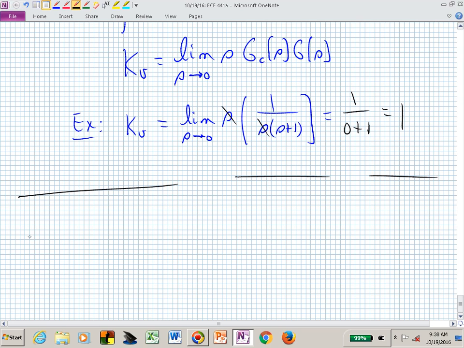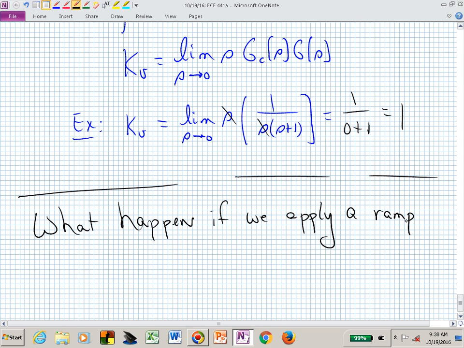For example, what happens if we apply a ramp input to these systems?